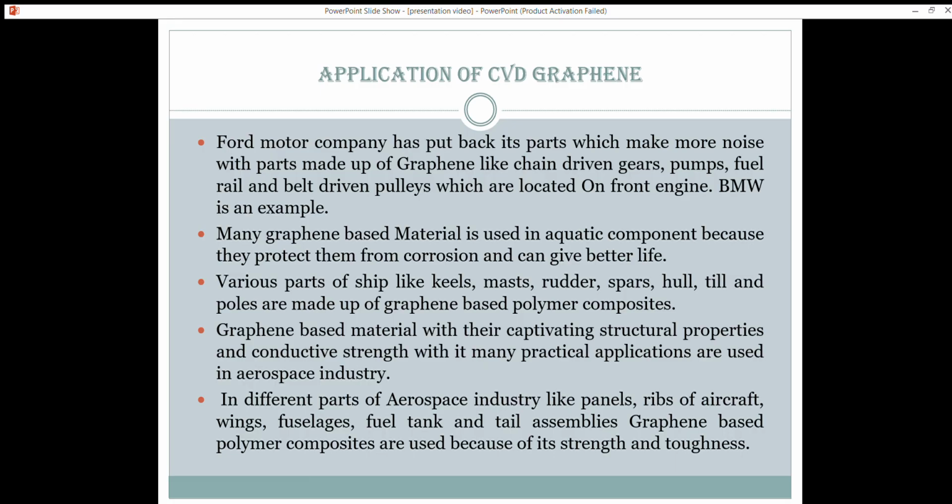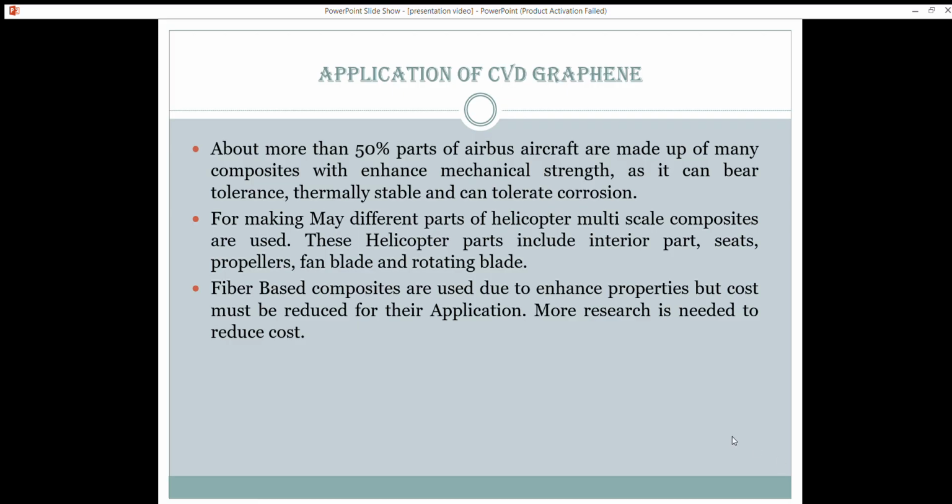Next, we will see that more than 50% of the parts of Airbus aircraft are made of composites with enhanced mechanical strength, as they can bear tolerance, are thermally stable, and can tolerate corrosion. For making many different types of helicopter parts, multi-scale composites are used.